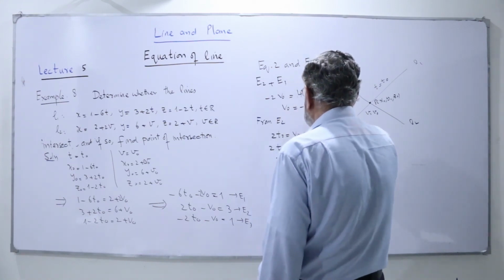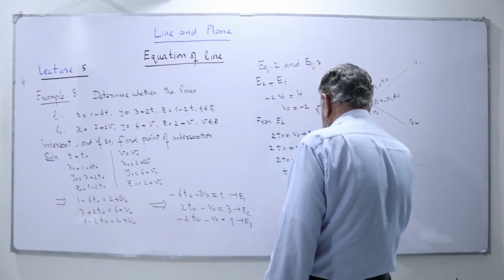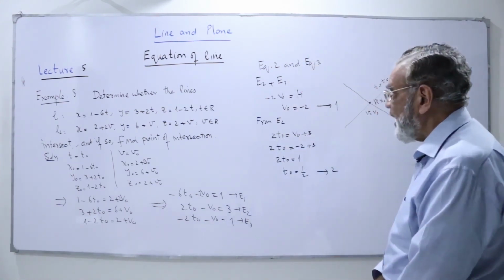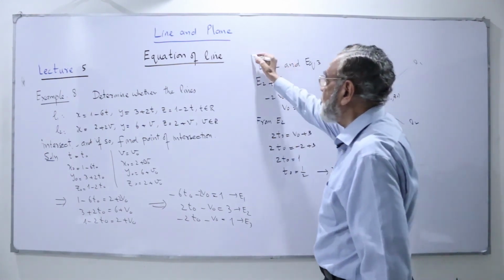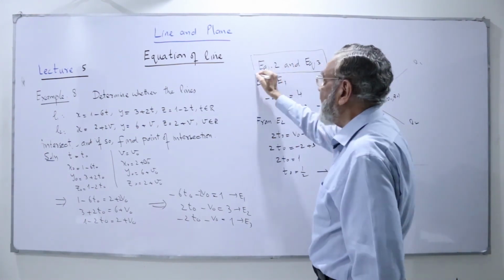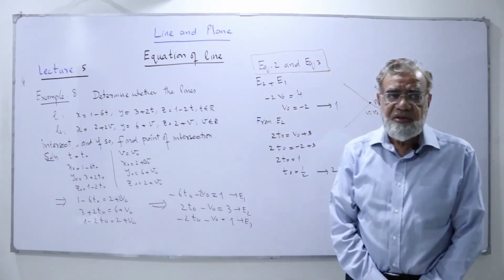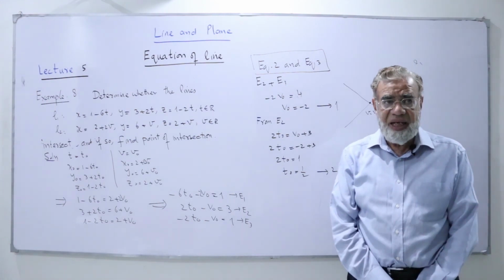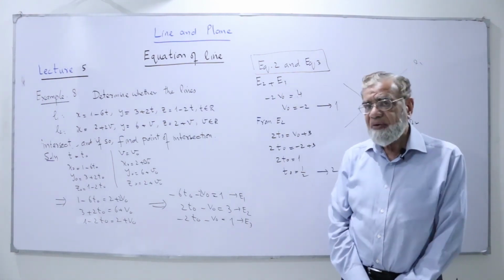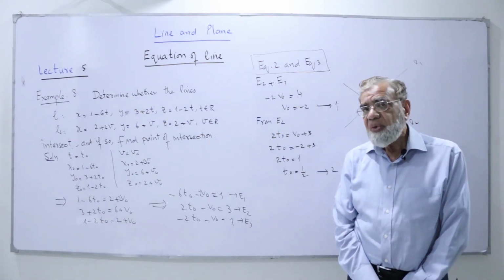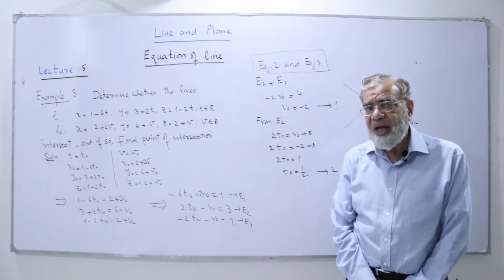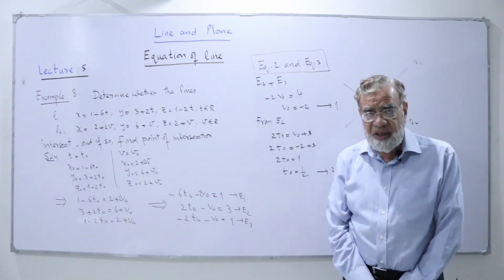So I have my result here: this is number 1 and this is number 2, the values of v0 and t0. I have used equation 2 and equation 3, and if these values satisfy equation 1, then this is the solution of all the three equations. Then we say the lines intersect. This is the first part of our problem. And if these do not satisfy equation 1, then we say the lines do not intersect.